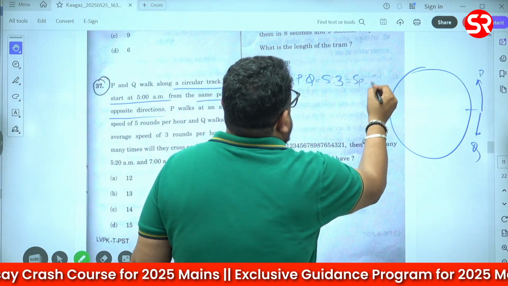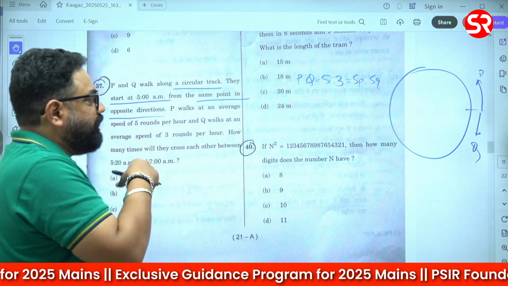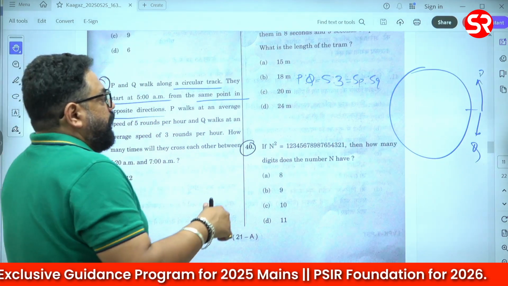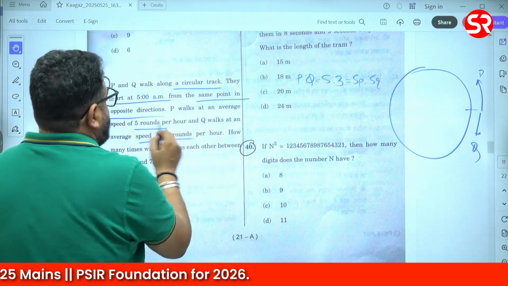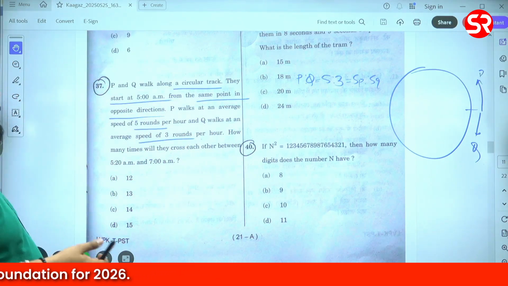Speed of P is to Q, right? And then he says P walks 5 rounds per hour and Q walks 3 rounds per hour.